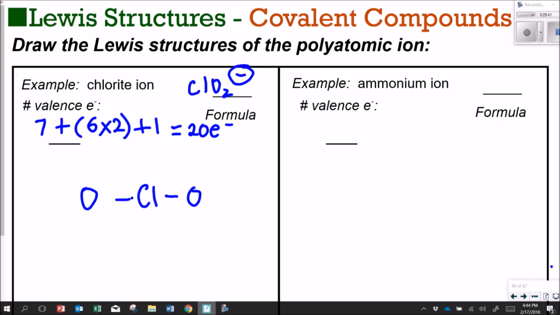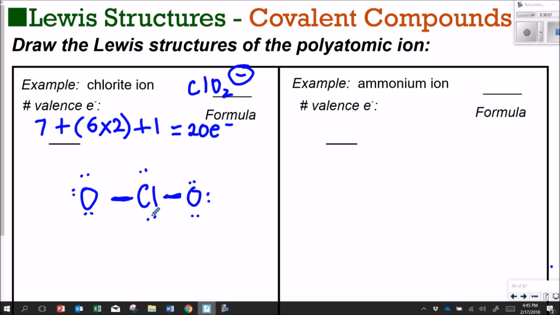I have already used 4 of the available 20 electrons. So 5, 6, 7, 8, 9, 10, 11, 12, 13, 14, 15, 16. I still have 4 electrons available, so I'm going to put those as lone pairs on the central atom. 17, 18, 19, 20.